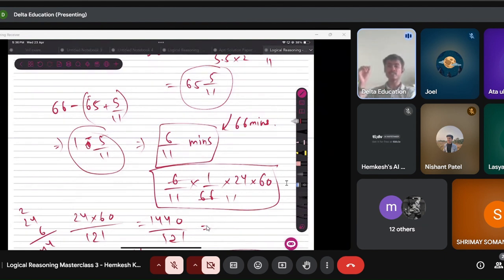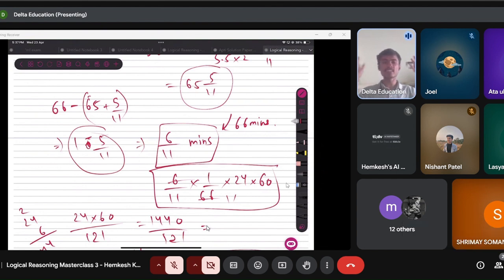So 6 by 11 into 1 by 66 tells us how much our clock runs behind in 1 minute. And then we multiplied it by 24 hours, converting the hours into minutes, 24 into 60. This we did because the question was asking to find the lag of the clock in 24 hours. So that's why we multiplied it by 24 times 60.